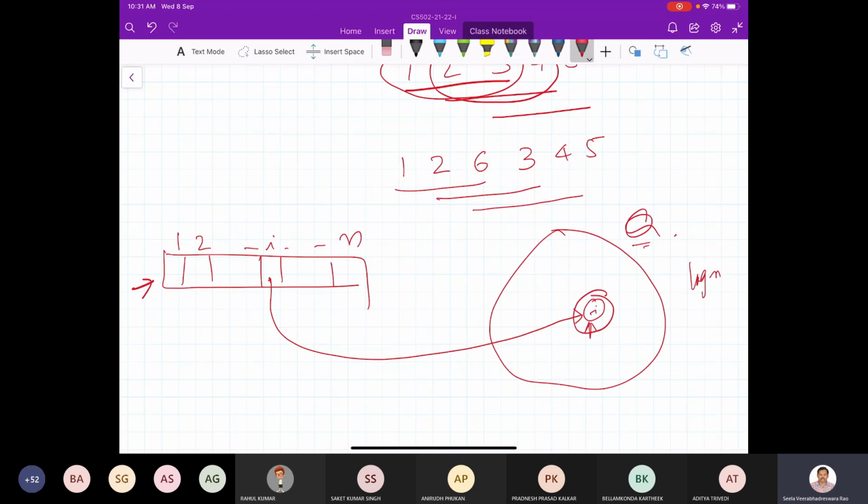Now we'll discuss the data structures required for the implementation of the Voronoi diagram. Is it okay? Any questions? Okay, there are no questions.